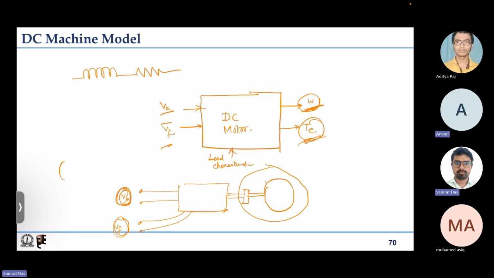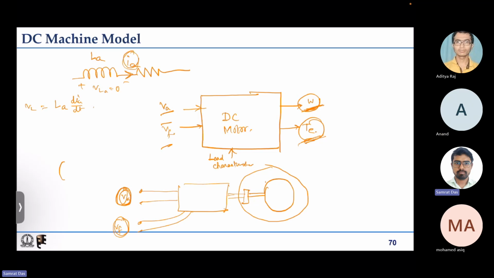The voltage across the inductance goes to zero once it reaches steady state. If it is ia, then as long as ia varies, there will be a voltage La dia/dt across this inductance.